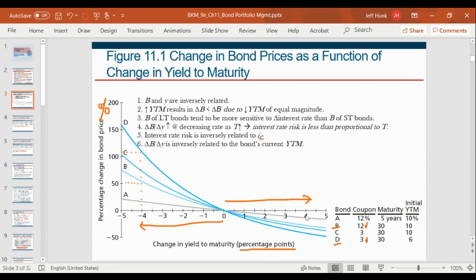For the same magnitude, look at what's happening.